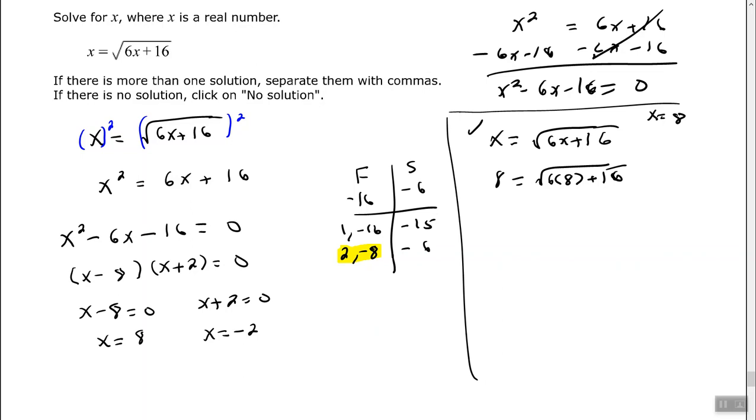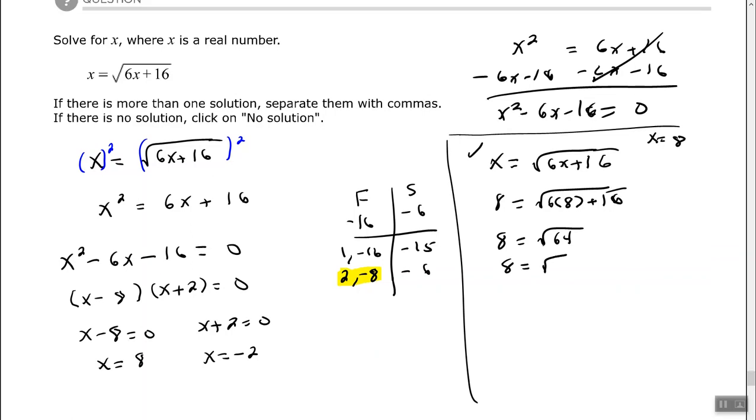So we have 6 times 8 is 48, and 48 plus 16, sorry about that, that's a plus, is 64. And the square root of 64 is 8. So 8 equals 8 checks out. That is a valid solution.